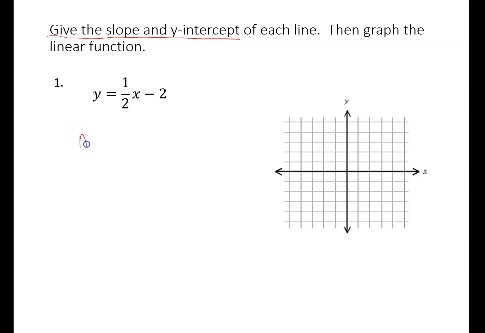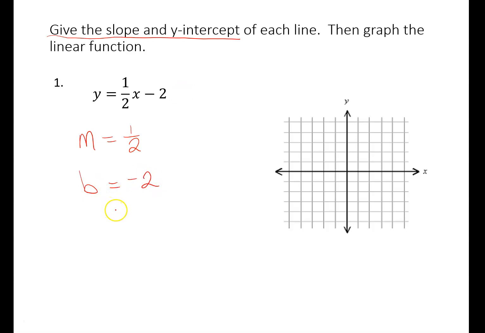So we're going to say m for slope equals 1/2. m is the number in front of x. It does not include the x. So when you write down what the slope is, don't write the x, just write the number in front of x. And then the y-intercept, and if you want, you can just put b for y-intercept, is -2.